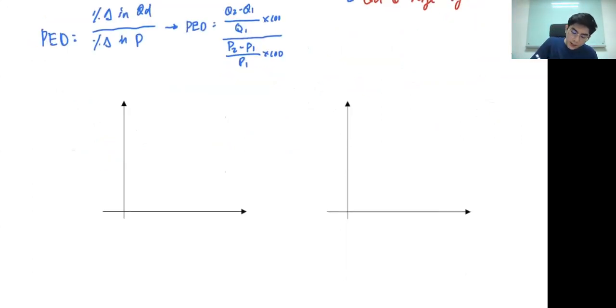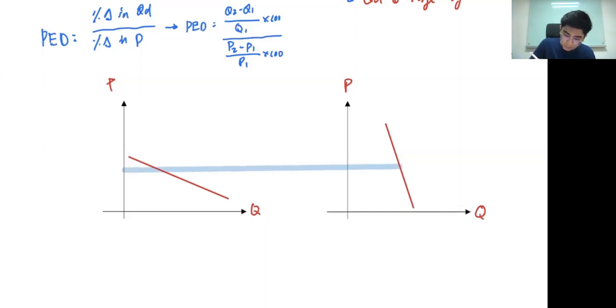Let's say we have a demand curve that looks like this, downward sloping. The demand curve is always downward sloping. And we have another demand curve that looks like this. Both of these graphs are downward sloping demand curves. You also have P and Q on each. Let me put a line here.